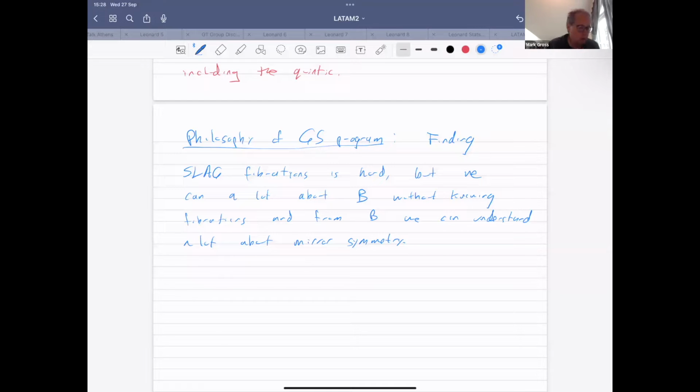So what do we know about B? So B has interesting structures. This comes from the Arnold-Liouville theorem and also work with Hitchin. Hitchin did this work right after the original SYZ paper came out.